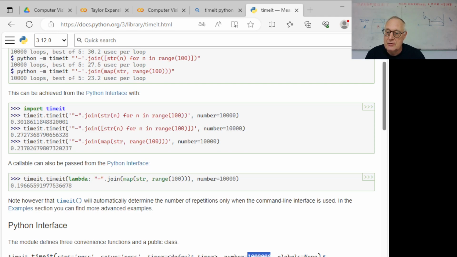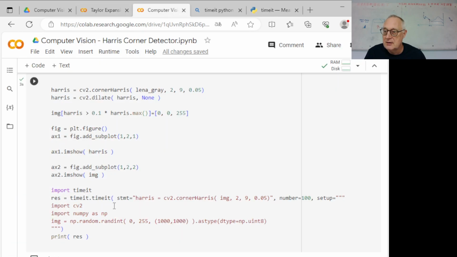Yes. So when I called it first, it was executing the statement 1,000,000 times, which is why it was problematic. And then globals. Okay. So I think I can do that without the setup statement.